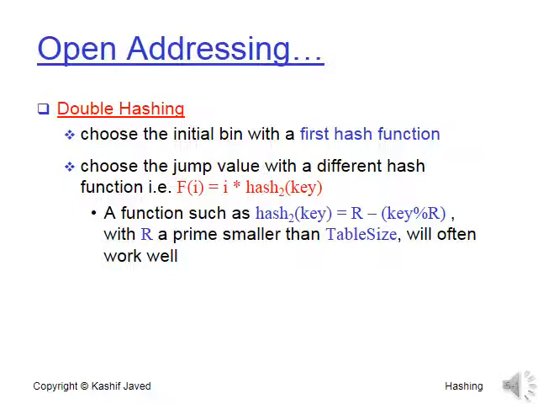Although primary clustering caused by linear probing can be avoided by using quadratic probing, if multiple keys hash to the same bin, the same probing sequence of numbers will be followed for all the keys. Secondary clustering may be a problem if the hash function does not produce an even distribution of entries into the hash table.